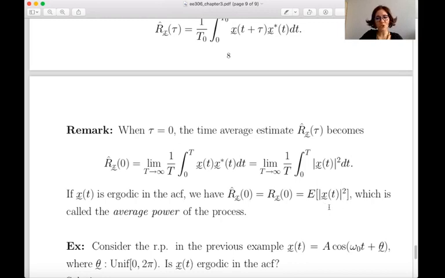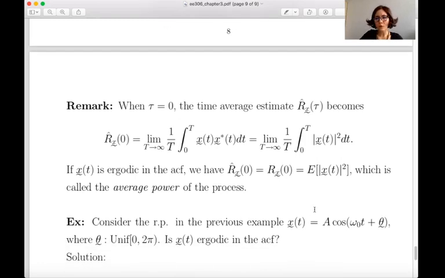All these expressions are the same, and they are all called the average power of the process if you have a wide-sense stationary process that's ergodic in the ACF. It's just a note that we give a special name to the ACF when we evaluate it at tau equals 0.